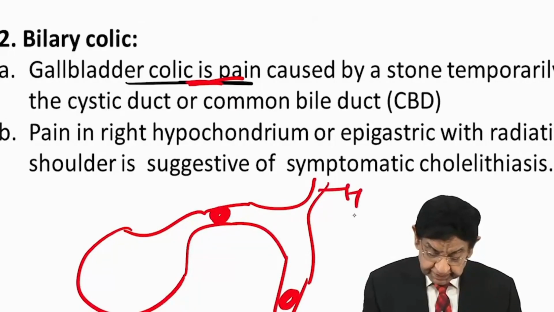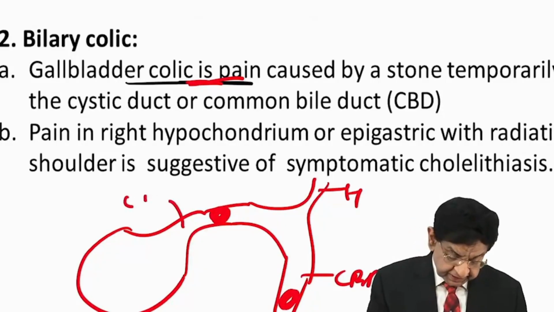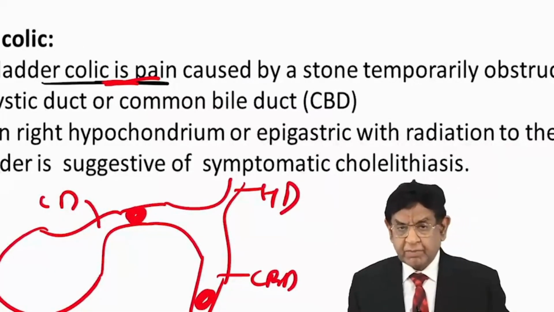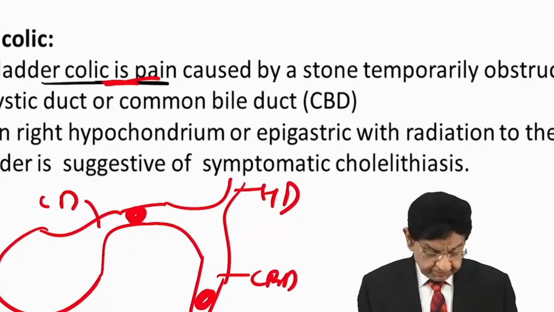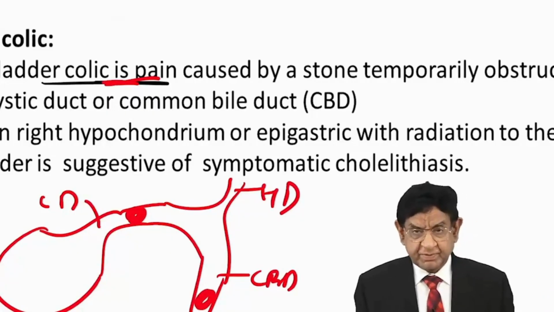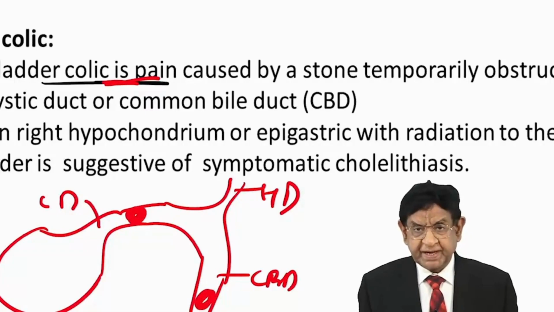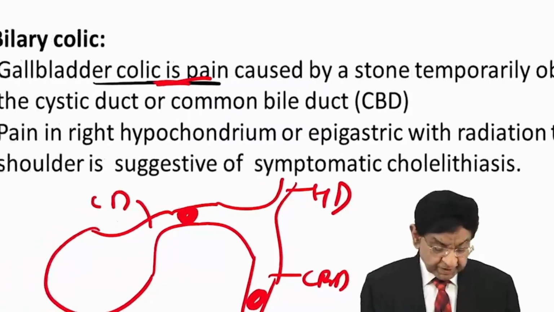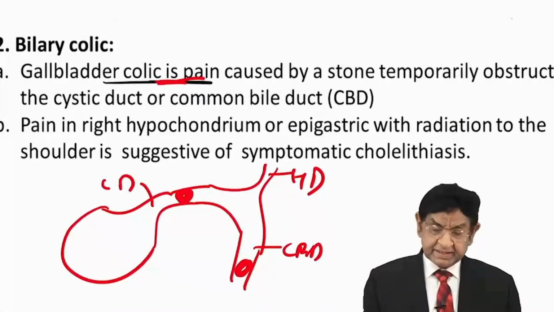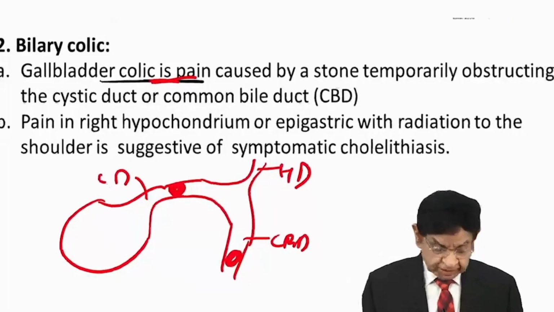Hepatic duct, common bile duct, cystic duct. So either the common bile duct is blocked or the cystic duct gets blocked. So definitely the pressure from behind will be there, and that will lead to severe right upper abdomen pain, right? And one of the classical things is the pain radiates to the shoulder.